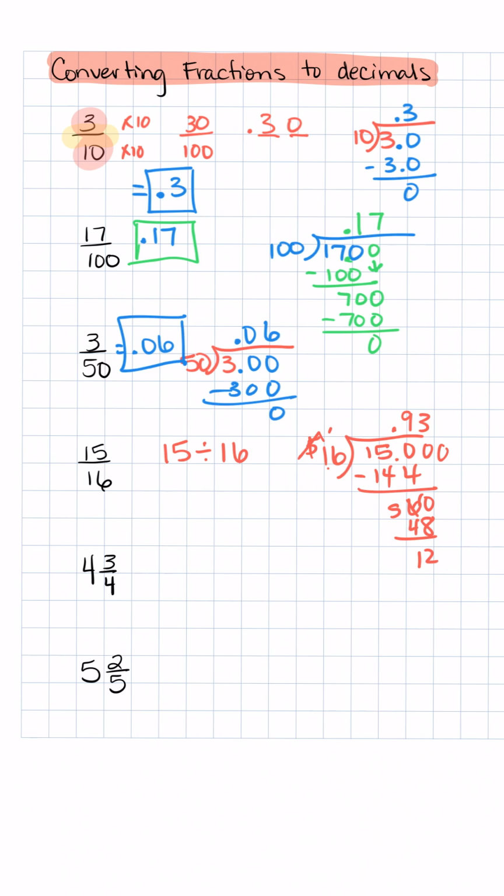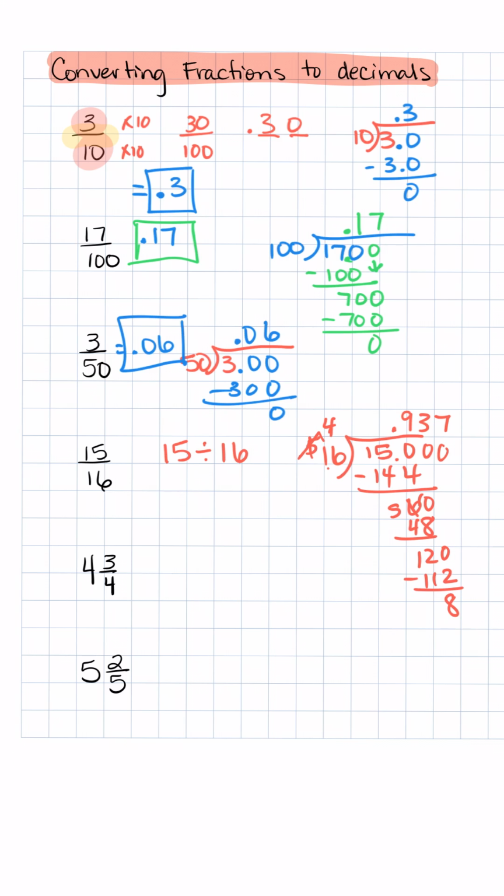Let's try 6 times. 6 times 6 is 36. 6 times 1 is 6 plus 3 is 9. Oops, it could have gone 7 times. 7 times 6 is 42.